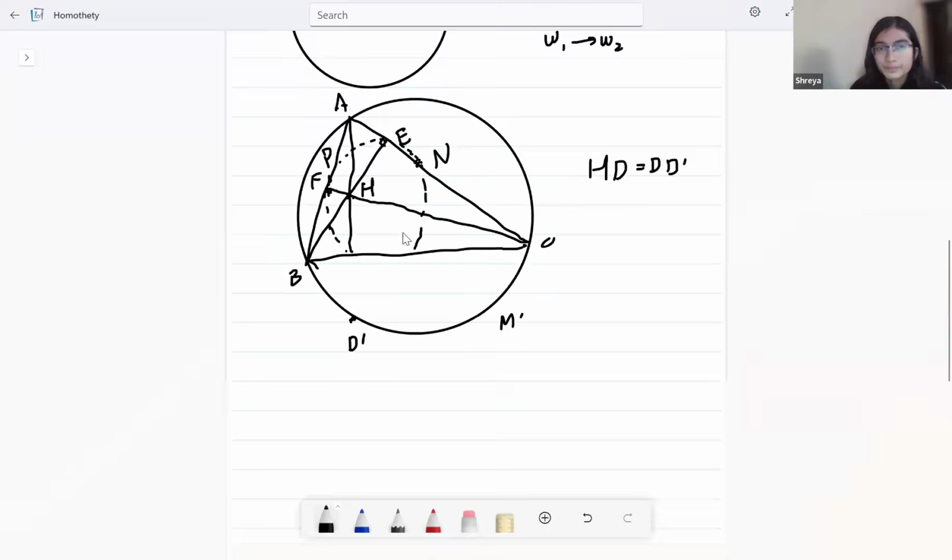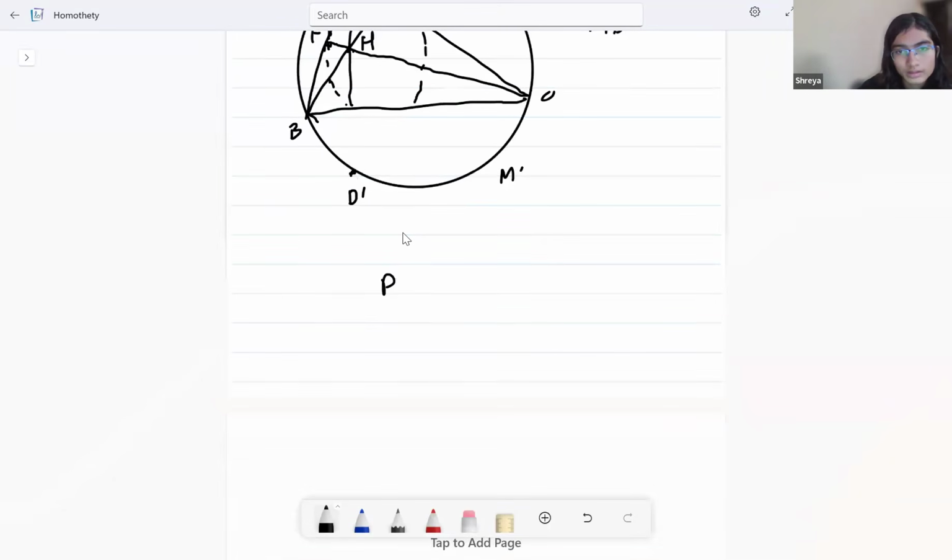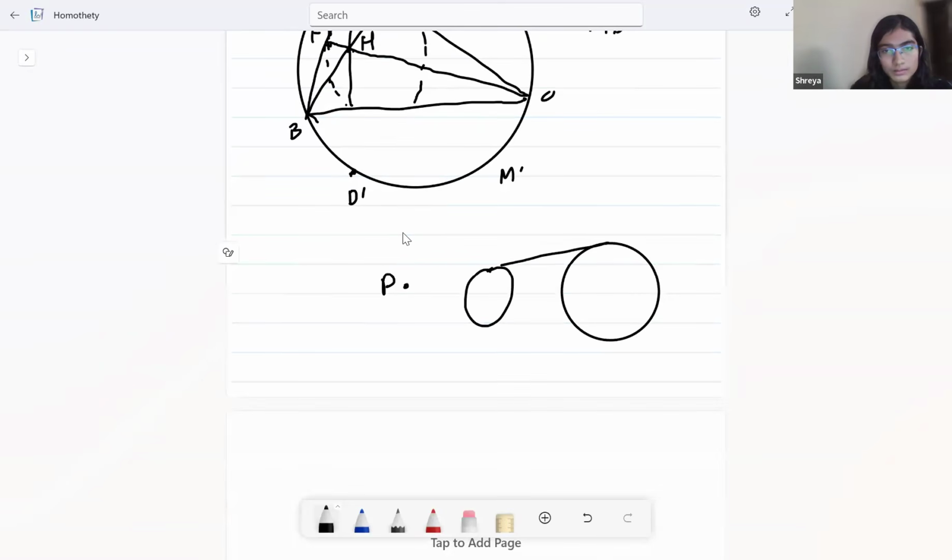When we take a homothety, here we'll just take the point P to be outside the circle. We take a circle and its image. Another nice property is that because homothety preserves all the geometric structure, it also preserves centers.